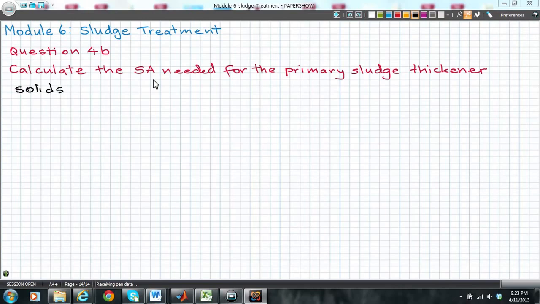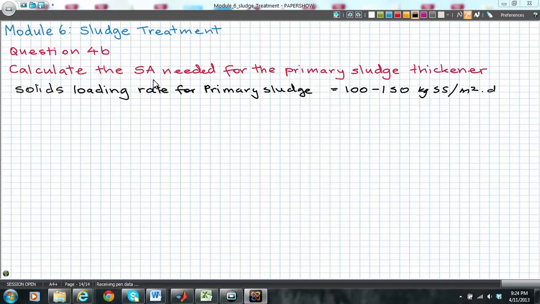Different types of sludge have different solids loading, but the solids loading range for primary sludge is 100 to 150 kilograms of suspended solids per metre squared per day. And these values were provided in the lecture on thickening. So this means that we have a range available for the surface area of the thickening.